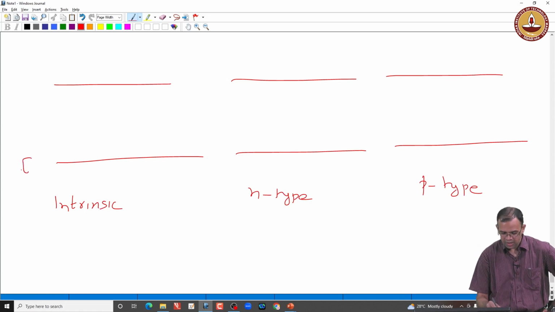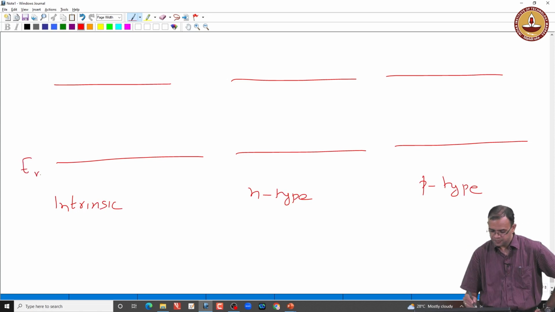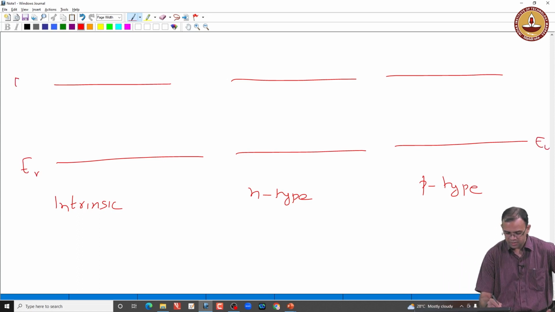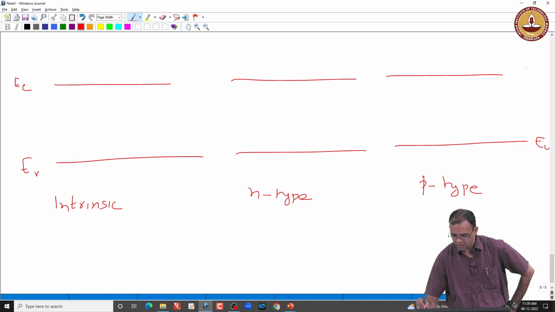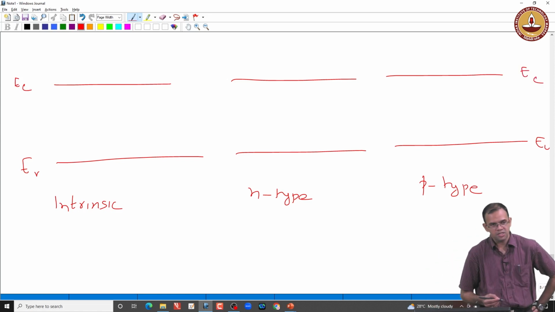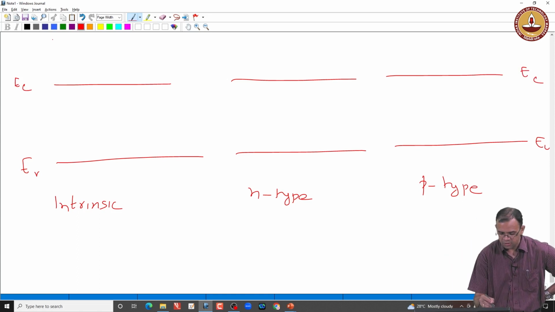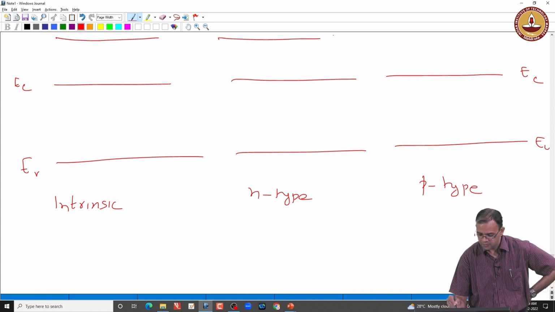So this is my valence band, this is EV, and then this is conduction band, EC. I'm just marking at both the ends. We'll also define a vacuum level just so that we can also talk about work function. So this is my vacuum level right at the top.